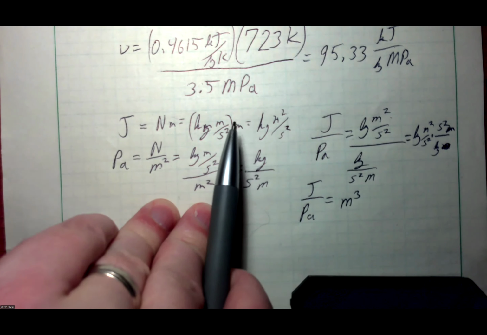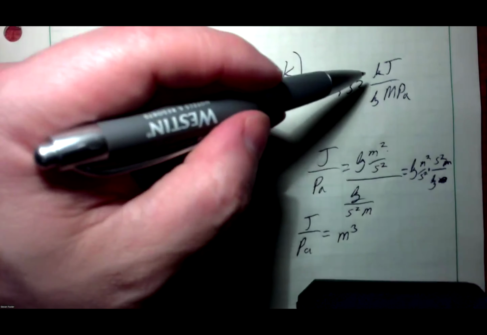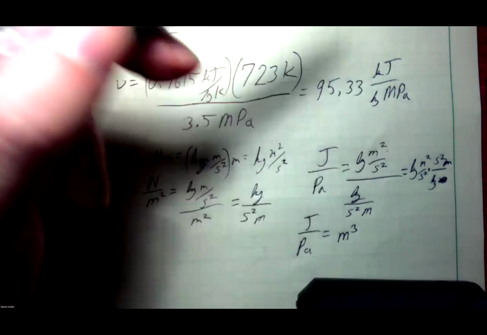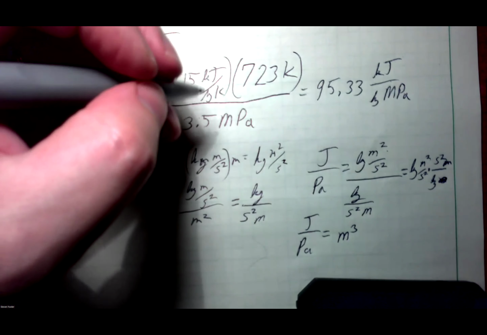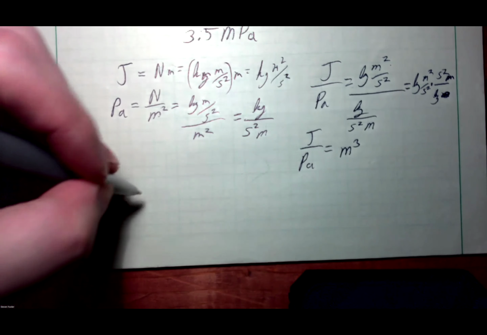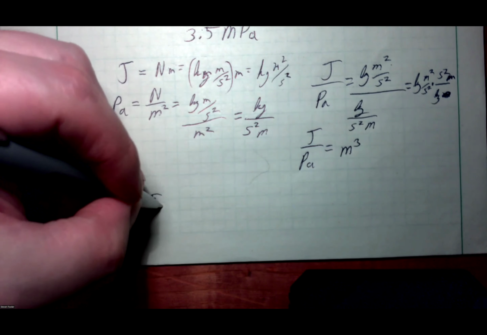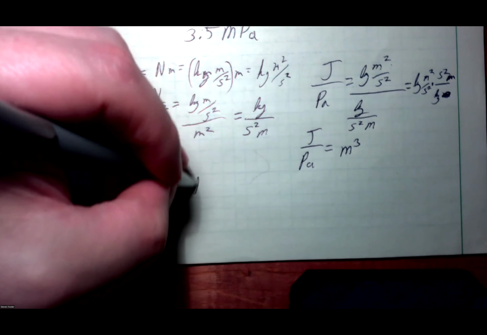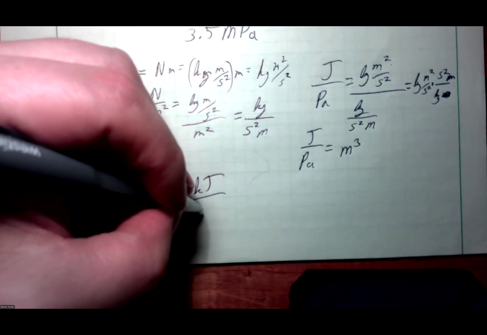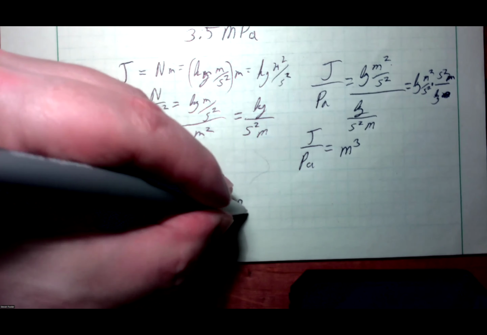Okay, Steve, how the heck does that help us? Well, remember up here, I've got a kilojoule per megapascal, not joule per Pascal. So your specific volume is equal to 95.33 kilojoules per kilogram, and then also per 1,000 kilopascals.